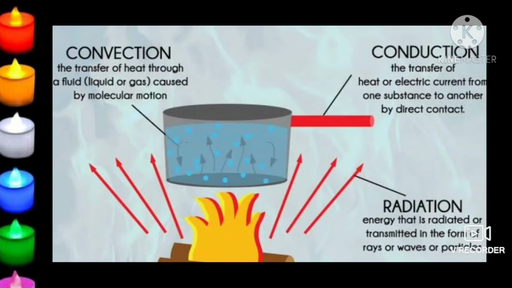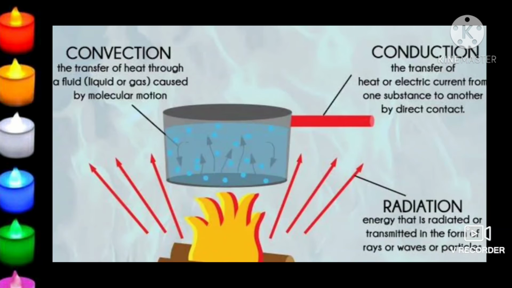So next is radiation. Even if the fire is burning in the stove, we feel hot around that stove also. When we are standing in front of the stove, even if we don't touch the fire, we feel hot from a small distance. That transmission of heat is called radiation, which is like hot waves or particles.